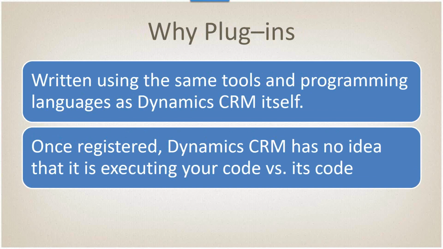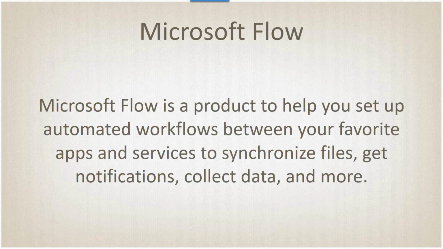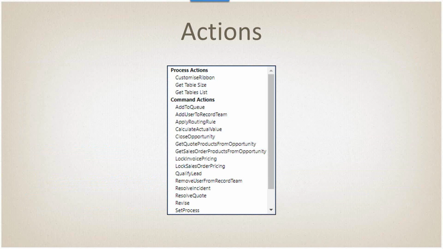So for instance, these actions that you see, an action is a definition. So if I go back here, an action is nothing but a definition. Let's go back to that qualified lead that we talked about earlier. The qualified lead takes in a handful of parameters.